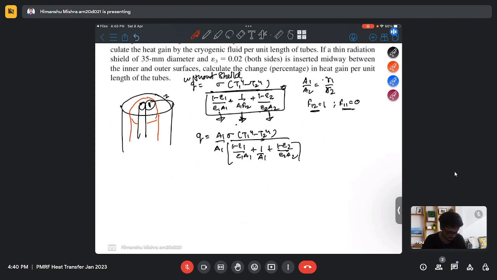And this is my very general relation between two parallel surfaces. It has nothing to do with the cylinder or a rectangular geometry. We are deriving it for two long parallel cylinders.